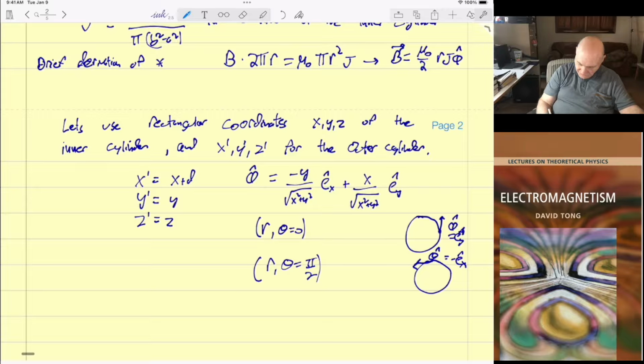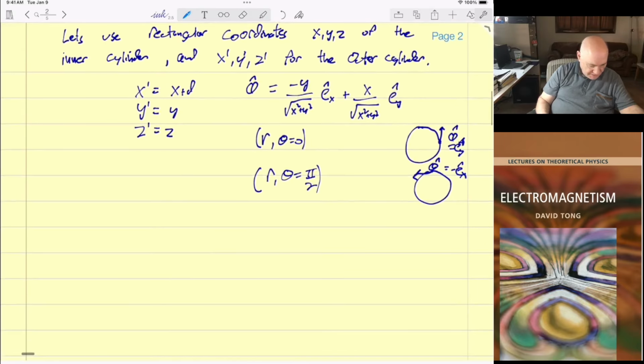At theta equals pi over 2, x equals 0, so the second term vanishes, but the first term is just minus 1, so that works out correctly.